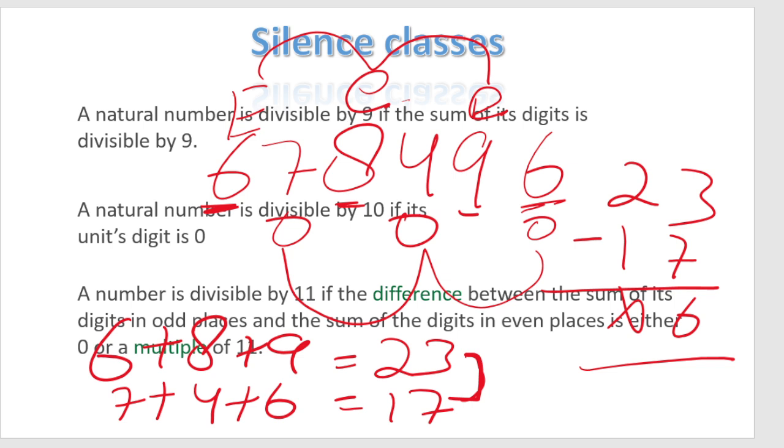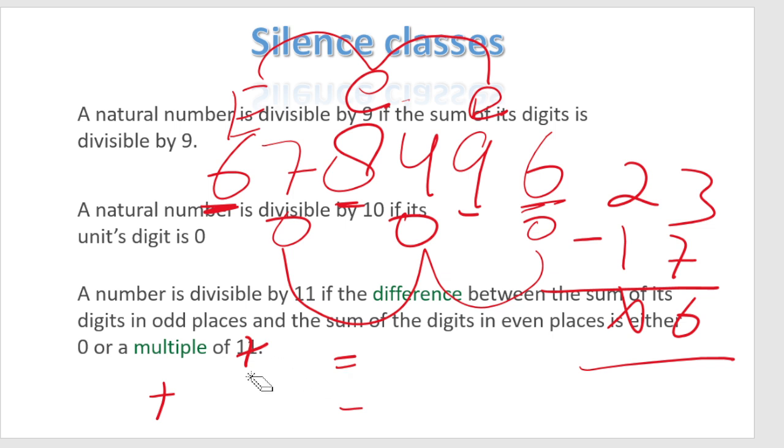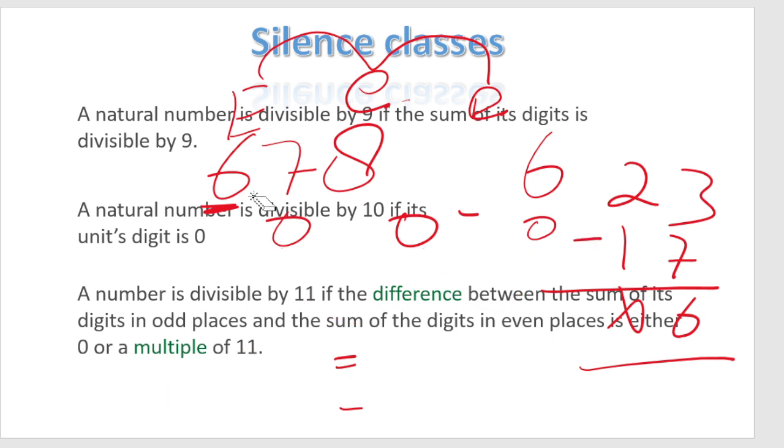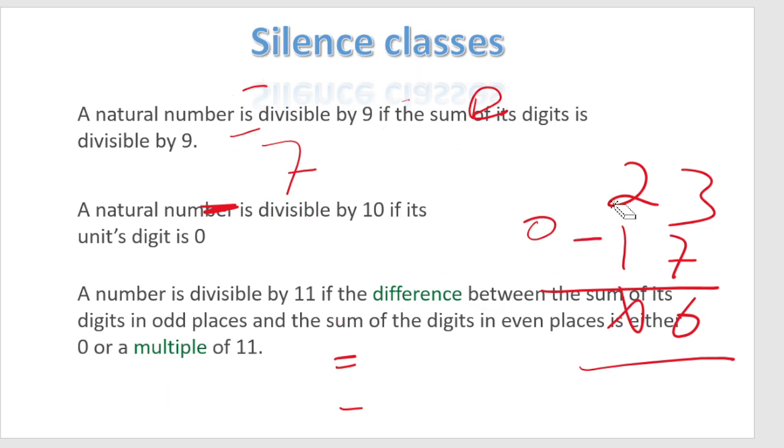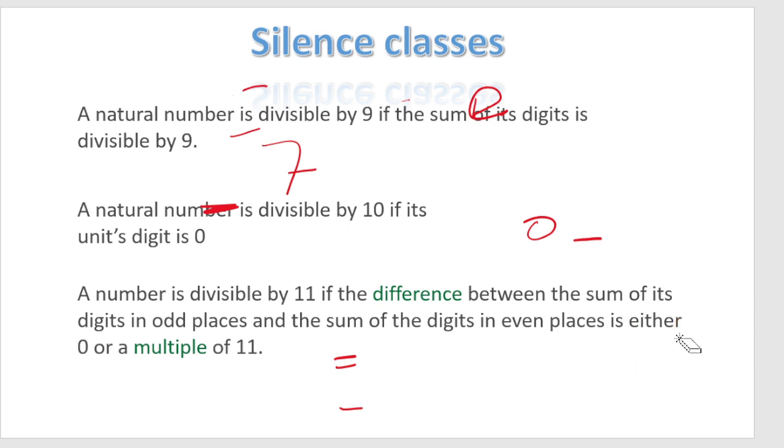After subtraction, the result must be 0 or a multiple of 11, but 6 is neither 0 nor a multiple of 11. So we can say this number is not divisible by 11.